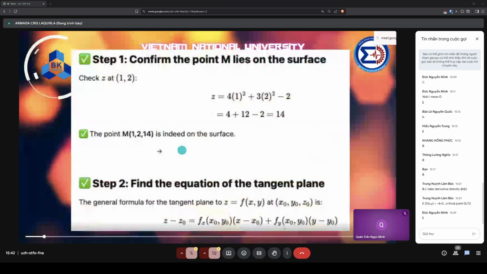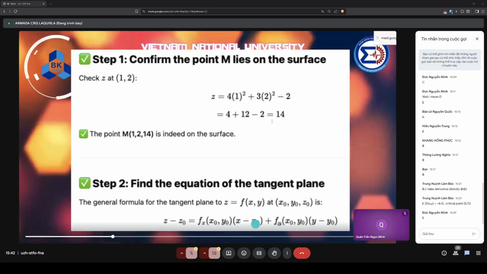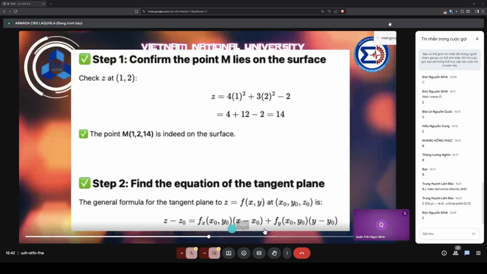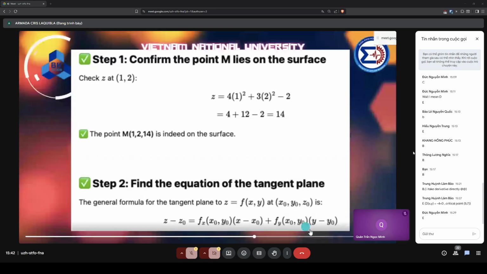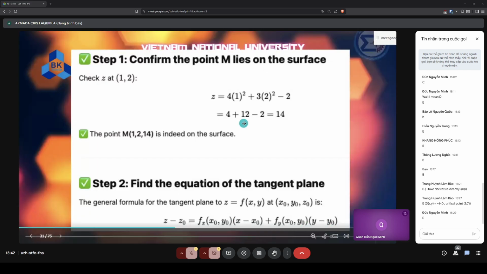Next, you have this equation. Find the equation of the tangent plane. The equation of the tangent plane is this one, z minus z sub o is equal to fx(x sub o, y sub o) times x minus x sub o, and then fy(x sub o, y sub o) times y minus y sub o here. So first we need the fx and the fy.